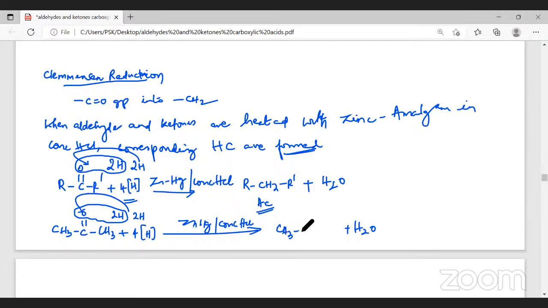So you get CH3, CH2, and CH3. This is propane. Propane is an example of a hydrocarbon. They will ask you for 1 mark: name the reducing agent used in Clemmensen's reduction. The reducing agent used in Clemmensen's reduction is zinc amalgam in concentrated HCl. You should remember this.